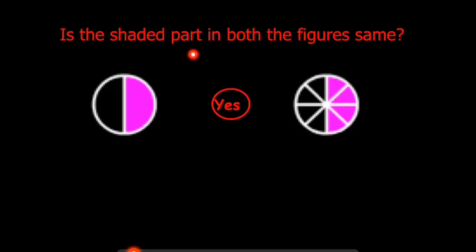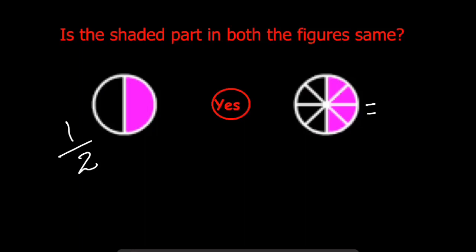So is the shaded part the same for both figures? The answer is yes. And dear children, what about the fraction? Here the total number of parts is 2 and the shaded portion is 1. So the fraction is 1 by 2.